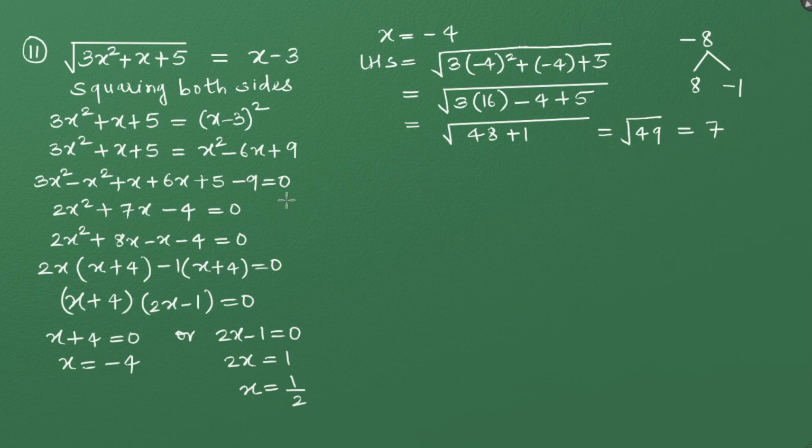Left hand side gives the value as 7. Now right hand side has x minus 3. The value of x is minus 4. So it is minus 4 minus 3, which equals minus 7. This means left hand side is not equal to right hand side. So the value x equals minus 4 does not satisfy this equation, so it is rejected.